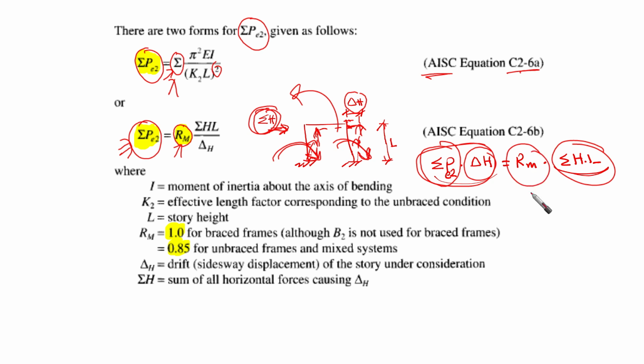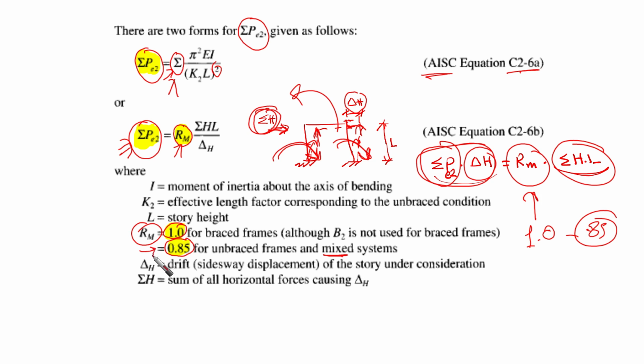And the ratio is going to be based on Rm. So Rm should be within the range of 1 or 0.8, as we are going to find now. This Rm is for braced frames. Although B2 is not used for braced frames, it is going to be 1 always, but whenever we are in an unbraced case, it is going to be 0.85 for unbraced frames and mixed systems, which is maybe a mixed system where some part is braced and another is not braced, and so on.